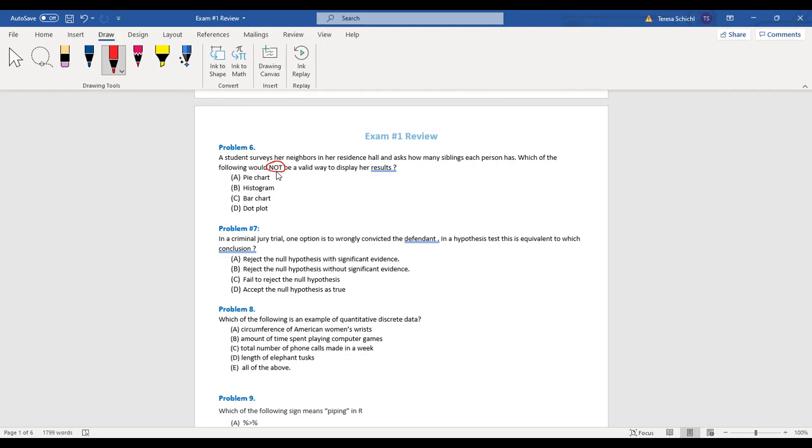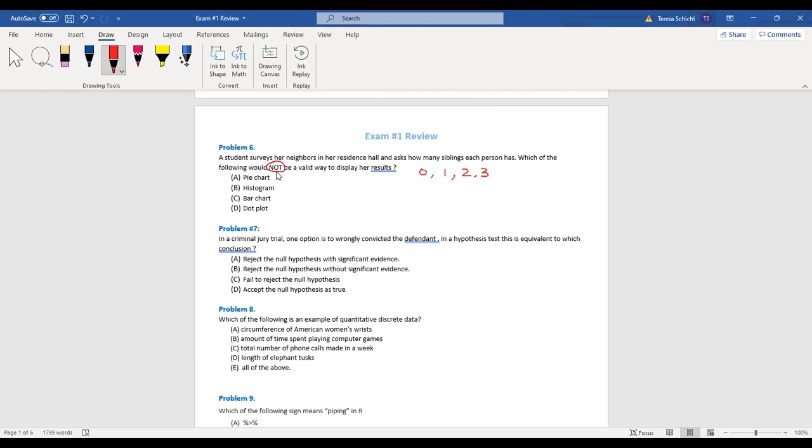So when you ask about siblings, most likely the data will be like 0, no siblings, 1 sibling, 2 siblings, and maybe 3 siblings. So most of the numbers are probably jumping around here, right? It's kind of discrete: 0, 1, 2, 3.